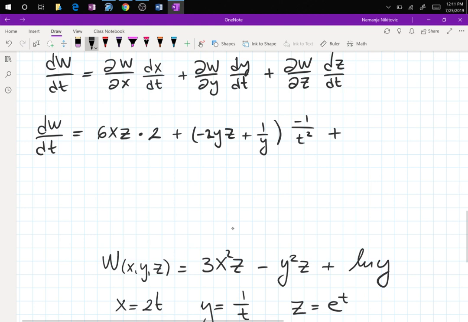Plus, and now we have dw dz. First two terms, the third one has no z. So we have 3x plus 3x minus y squared, because the derivative of z is 1, and then times the derivative of e to the t in respect to t, it's just itself, e to the t.